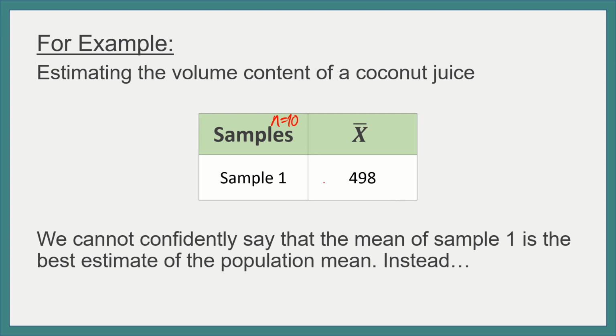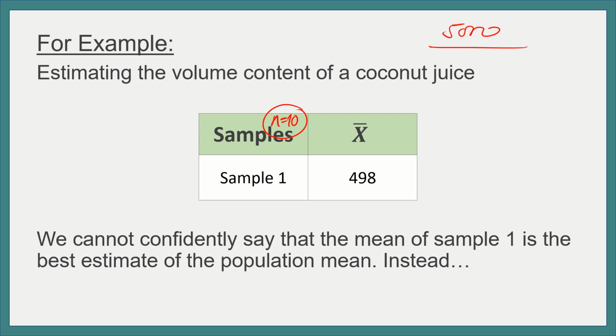The mean of sample 1, which is 498, is not the best estimate of our population mean. Suppose we have a population of 5,000 and our sample size is just 10, then 498 cannot accurately describe or represent the population of 5,000.